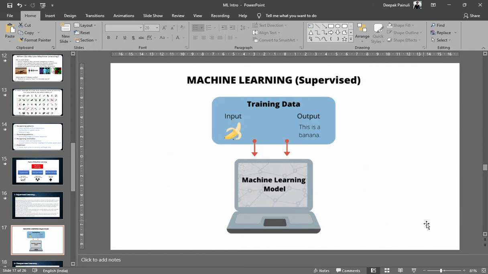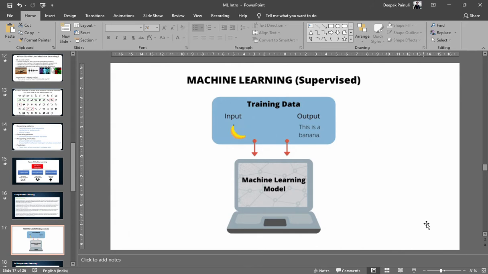So in the first type of machine learning, supervised machine learning, we train our machine learning model on input and their corresponding output. At the time of training, the model tries to find some relationship between those inputs and their corresponding outputs, and makes rules that if this input is given, this will be the output.